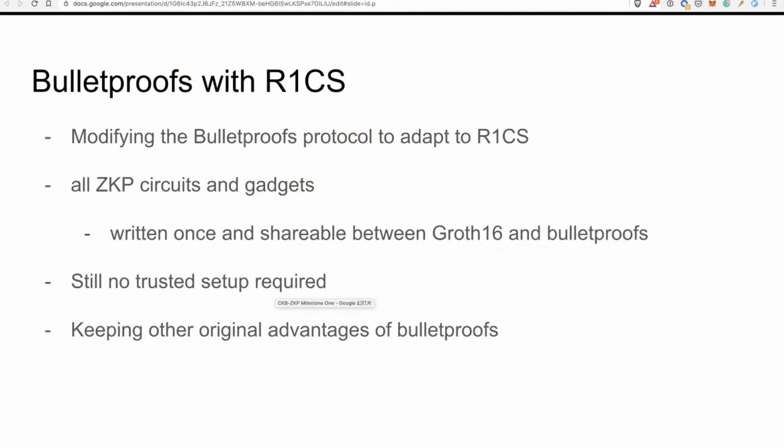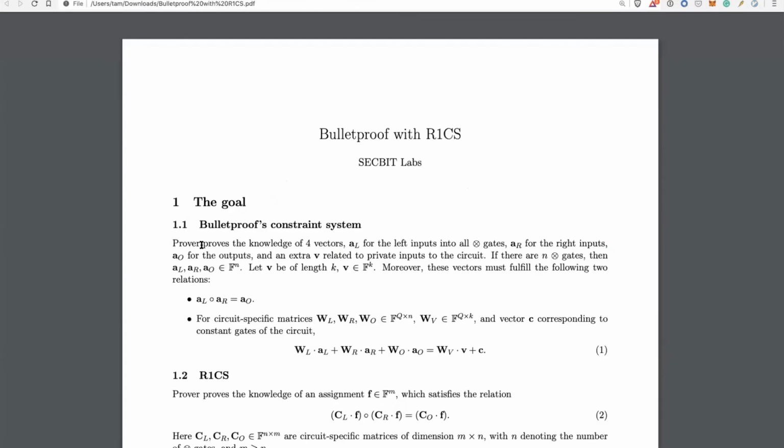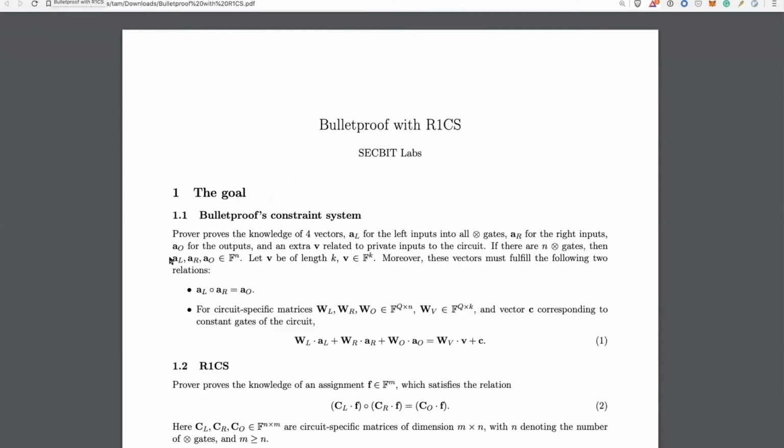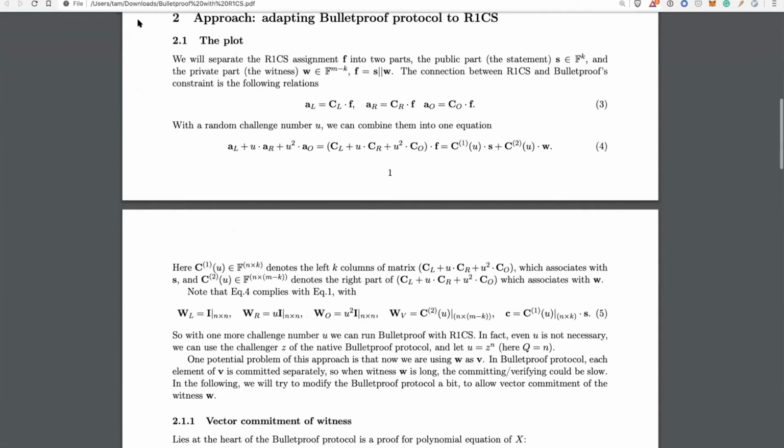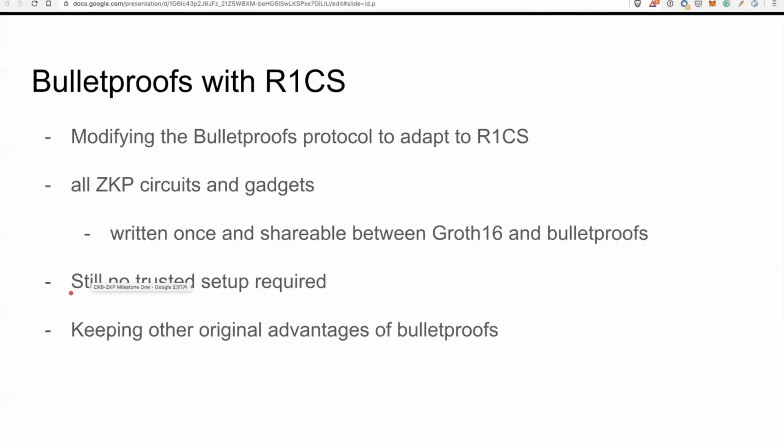We have a detailed spec and sent it to Rinson for review, and I will not go into details of this for now. And we still need no trusted setup. That means we can keep all original advantages of Bulletproofs.